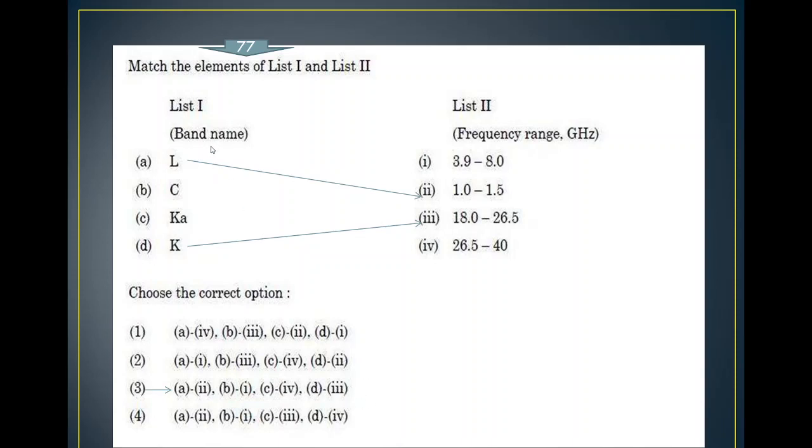That means the range of L band is 1.0 to 1.5 gigahertz, K band has a frequency range of 18 to 26.5 gigahertz, C band has a range of 3.9 to 8 gigahertz, and Ka band has a range from 26.5 to 40 gigahertz.